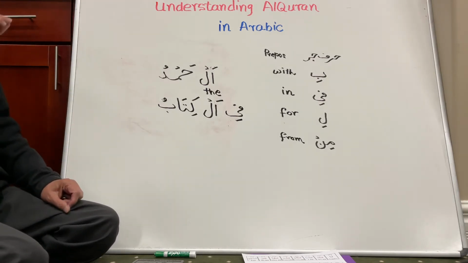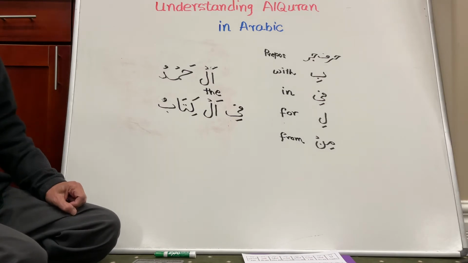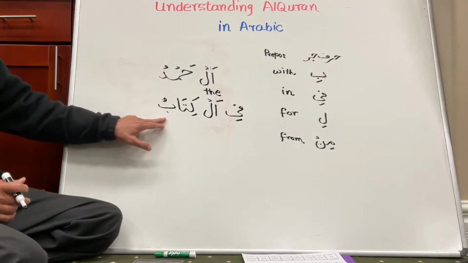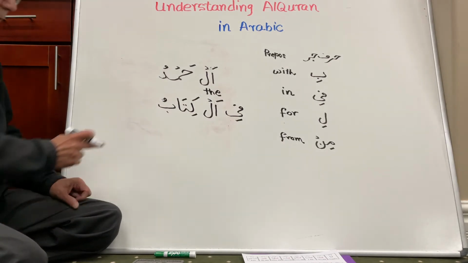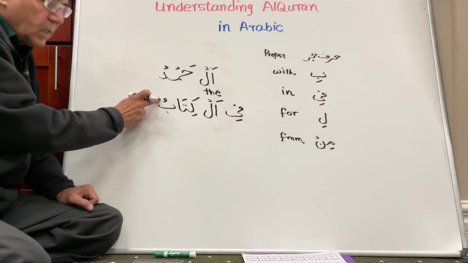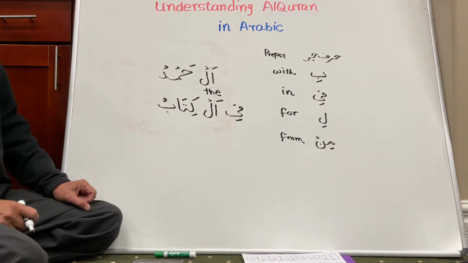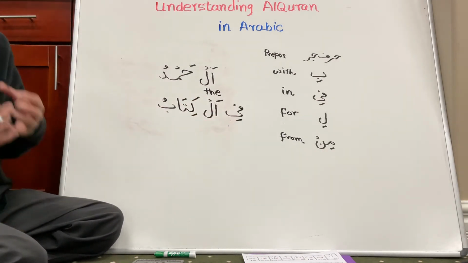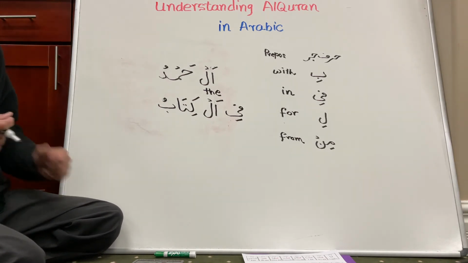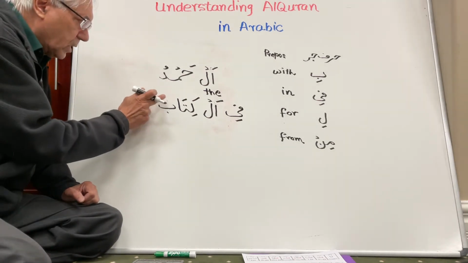But harf jar does something else also. It will look at the word which is coming after it, and it will look at the last letter, and if the last letter has a pesh on it, harf jar will say, my characteristic is that I don't like pesh. I'm going to change this to a zer.